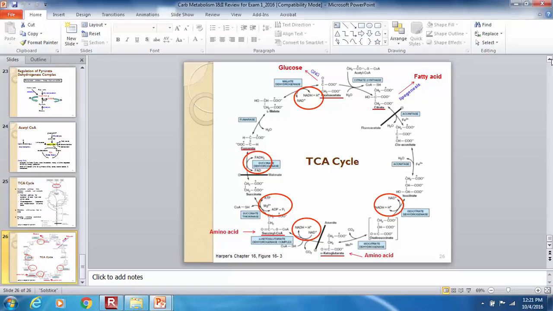So that's why the glycerol 3-phosphate shuttle carries electrons and generates only 2 ATPs, and the malate shuttle is able to generate 3 ATPs, right? Yeah.